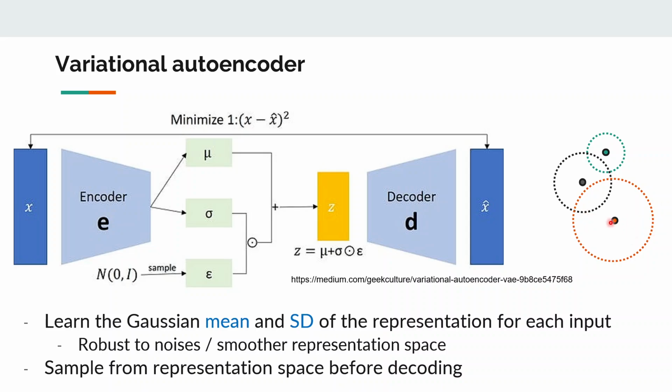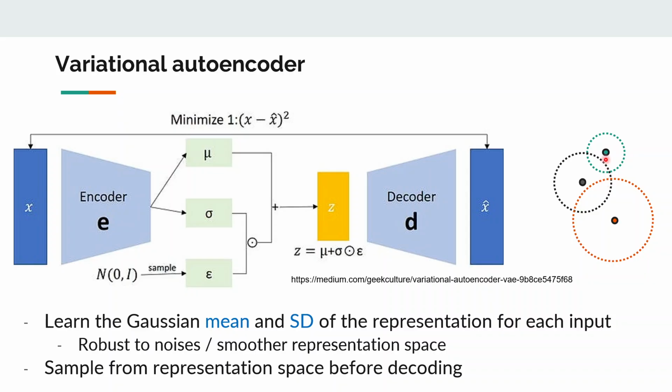So instead of a single data point being mapped to a single vector, like a dot, in a variational autoencoder we are asking the model to map one data point, from our observation, to a Gaussian distribution, like this dashed circular distribution surrounding that point.